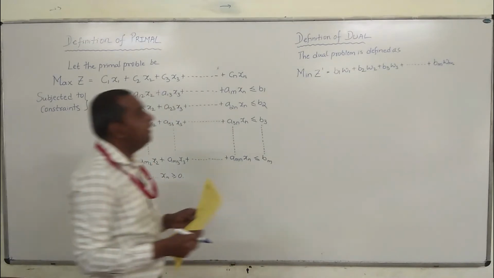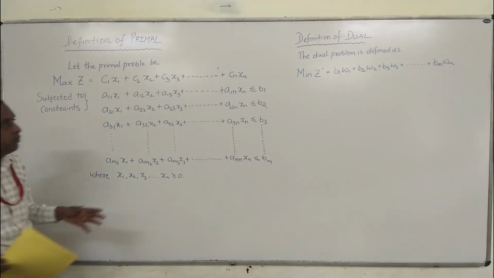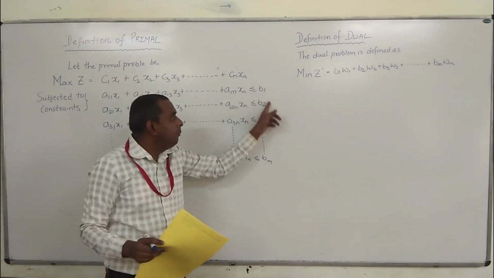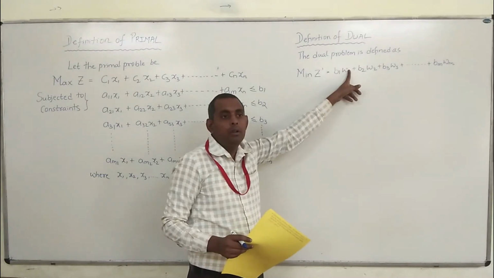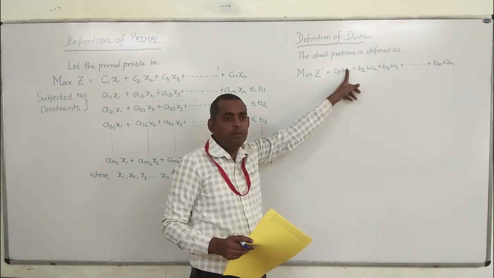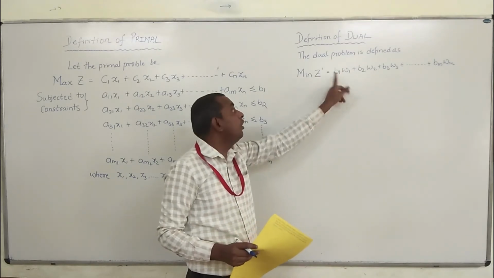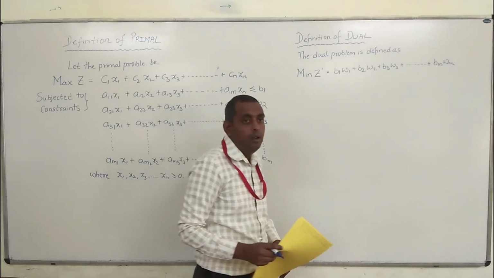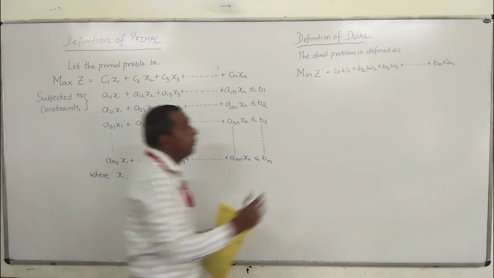So why are we writing like this? In one of those 6 rules, the right hand side values of the primal's constraints, b1, b2, b3, bm, will act like variables in the objective function of the dual problem.